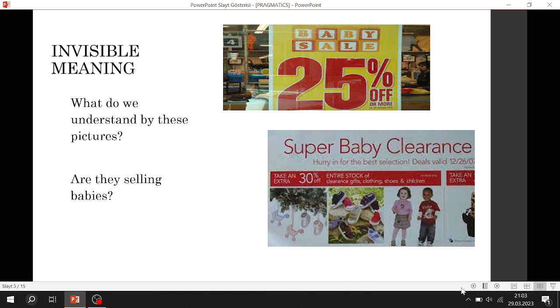For example, we can easily understand from these two pictures that it's an advertisement, although the word cloth is not written, but we can easily understand the meaning. This is invisible meaning.